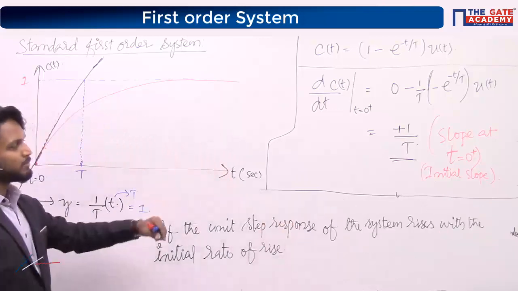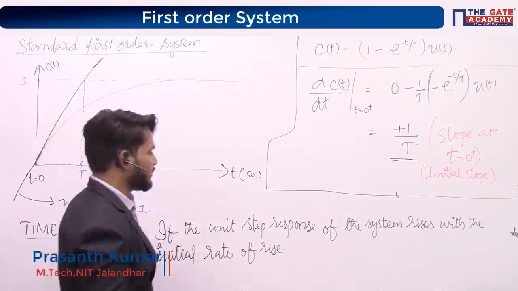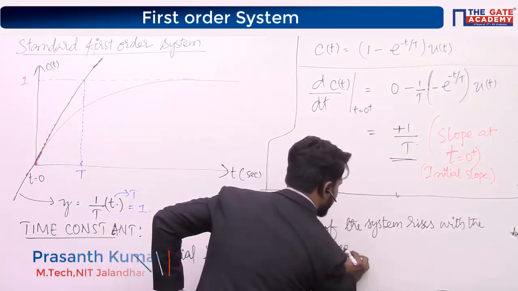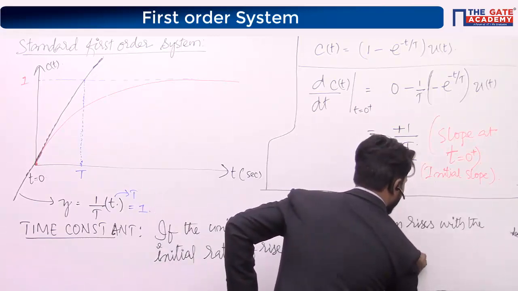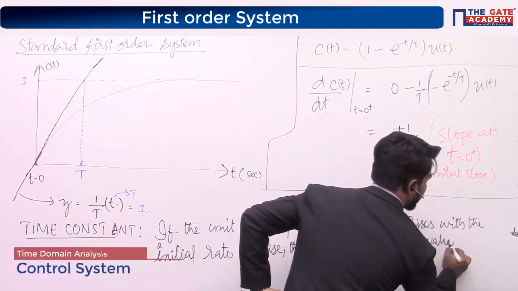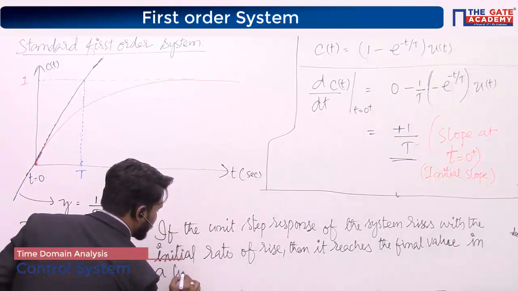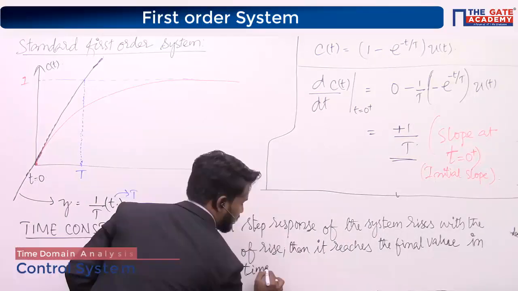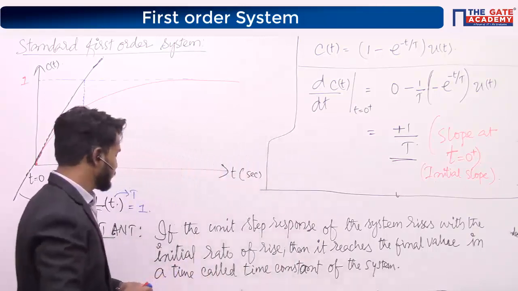If the unit step response of the system rises with initial rate of rise, then it reaches the final value in a time called time constant of the system. Is it clear?